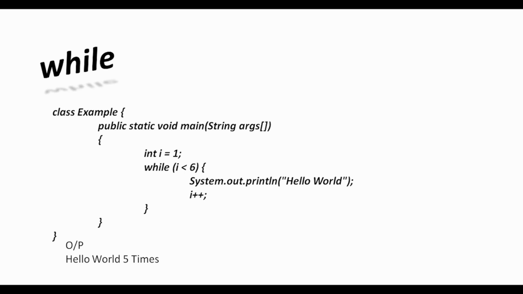I am incrementing that value after a particular line, so it will run up to 5 times, because when the value of i is equal to 6, the loop condition becomes false and the code will not execute further. So our output is hello world 5 times.